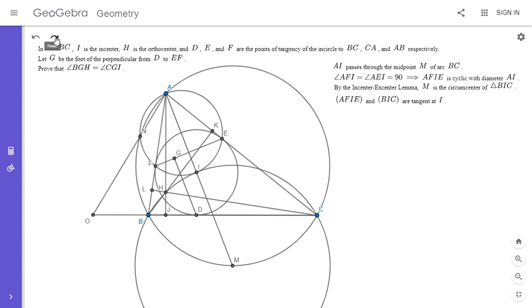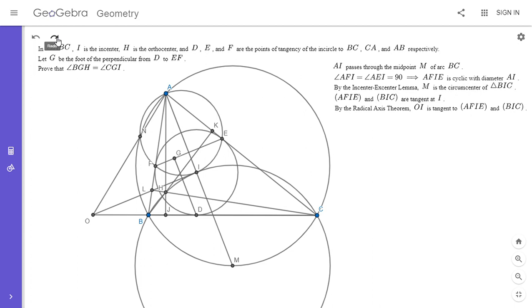All right. And once we know that, then it follows that OI has to be tangent to both of these two circles by the radical axis theorem. So if we take these two circles and the circumcircle of triangle ABC, the pairwise radical axes are AN, BC, and the tangent at I, and so that has to pass through O. And so in other words, OI is tangent to those two circles.